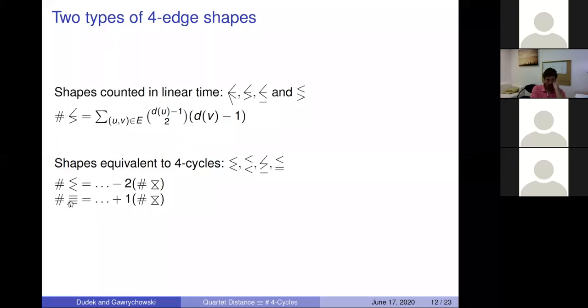The number of occurrences of 4 independent edges is equal to something that can be computed in linear time, some kind of garbage part that I didn't write, plus the number of 4 cycles. So we have a bunch of formulas: something that's easy to compute, plus the number of 4 cycles times some constant multiple, plus or minus. So there are two types of shapes.